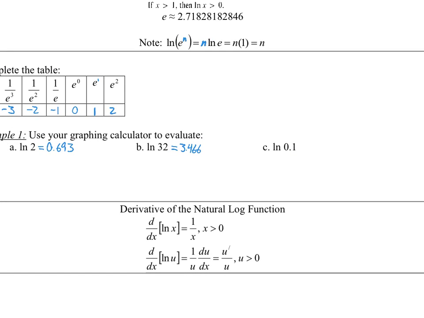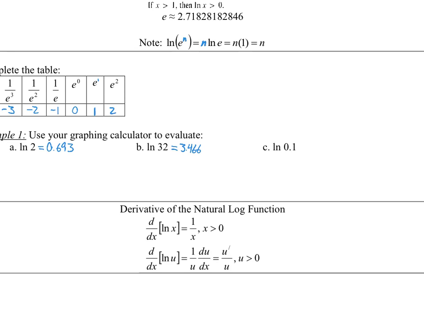And again, ln of 0.1, I already know that this should be a fraction. Actually, I know it's negative because it's a value less than 1 that I'm taking here.